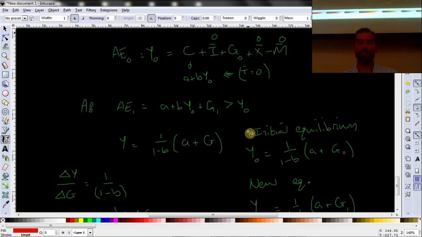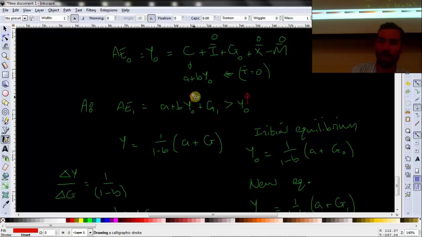Now, why is it doing that? Remember, in my equation, when my government spending increases, what happens? My aggregate expenditure is greater than my output, so that induces firms to increase output. That increase in output leads to an increase in consumption. That increase in consumption leads to a further increase in output.